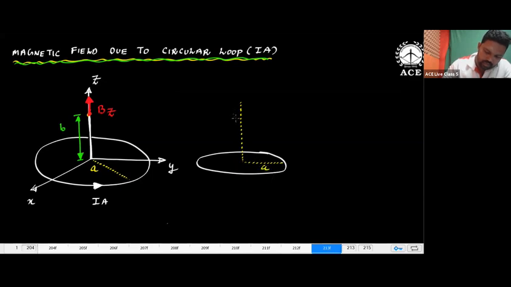Here it is A. Here to here it is B. What is the magnetic field? Here it is. Current is flowing like this. The magnetic field here is like this.